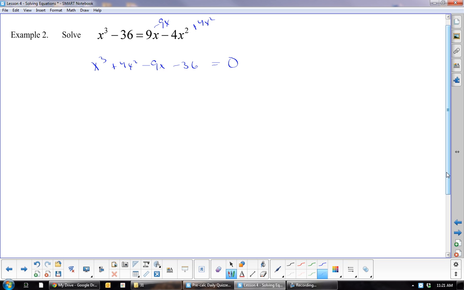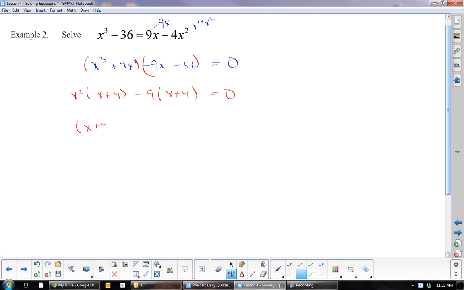Okay, now what would you do? Group. Very good. Okay, so group this set, take as much as you can out of the first set, which would be x squared. That's the best we're going to do, leaving me with x plus 4. Okay, next one, take out a negative 9, leaving me with x plus 4. Look at that. Doesn't that work out nice? Okay, what is common is x plus 4.